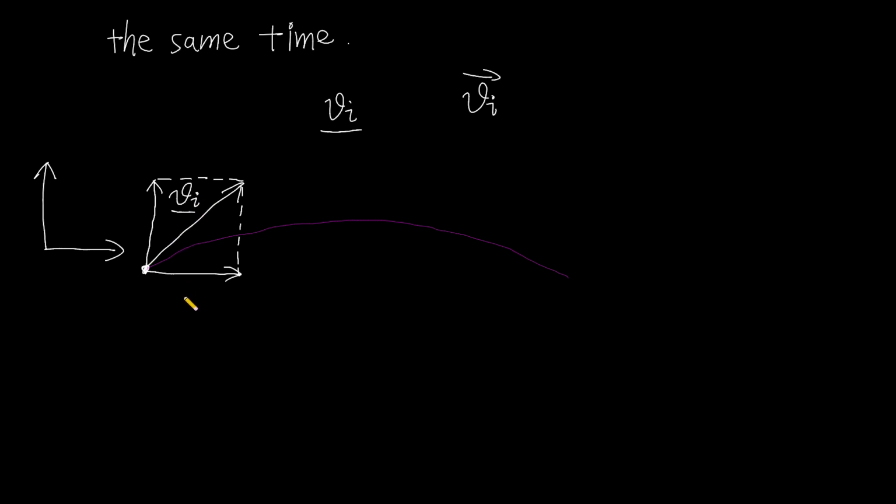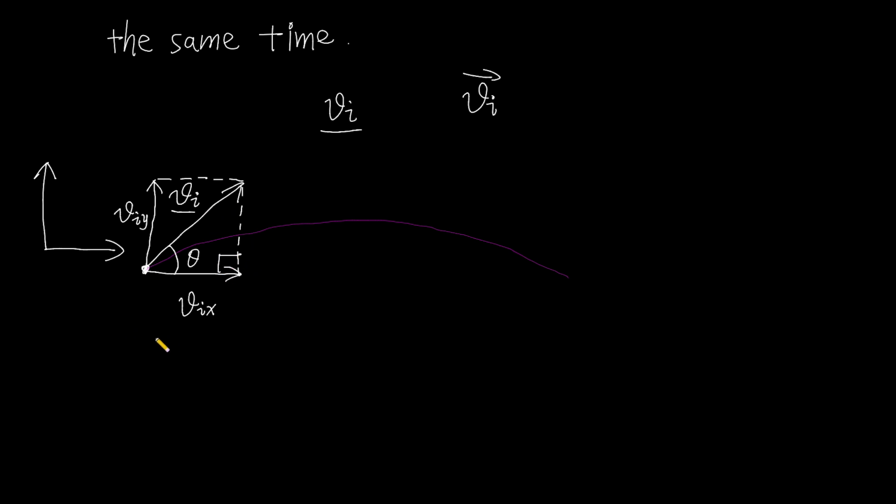So this is the initial velocity x. This is the velocity for the horizontal motion, and this is the initial velocity y. So this is the initial velocity for the vertical motion. This angle is theta. The theta shows the direction of the initial velocity, and this angle is a right angle.